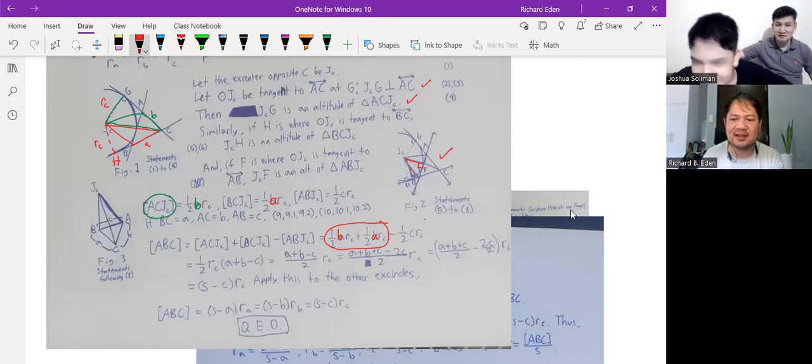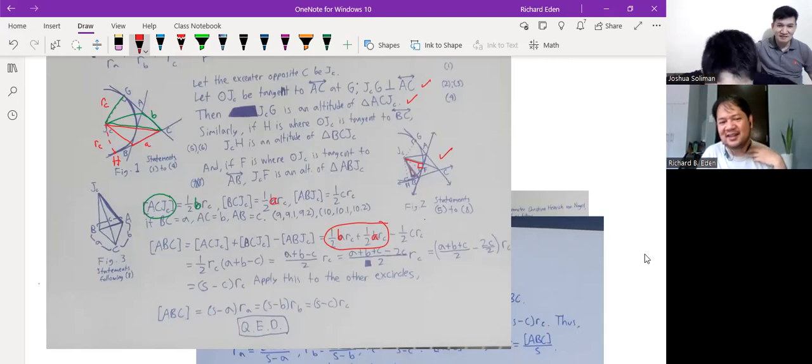Commutativity is the same. Got lucky. So that's S minus C times RC. Okay. So there you go. ABC is R sub A times S minus A. So that's correct.